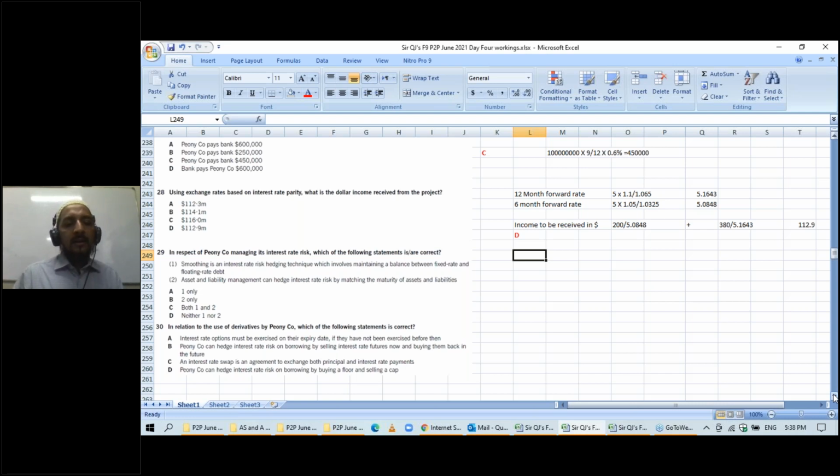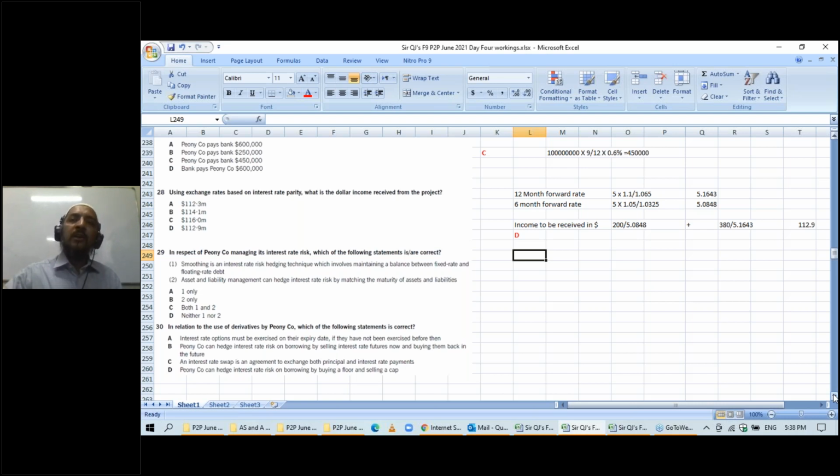And then assets and liability management can hedge interest rate by matching the maturity of assets and liabilities. So yes, this is also correct. If you have an asset for 4 years time, a receivable for 4 years time, you'll be receiving interest on it. And if the interest rate increases, you will earn a profit on it. You will receive more interest.